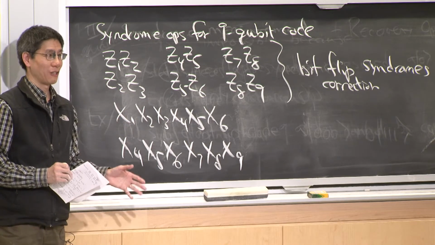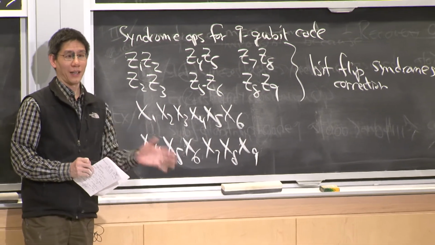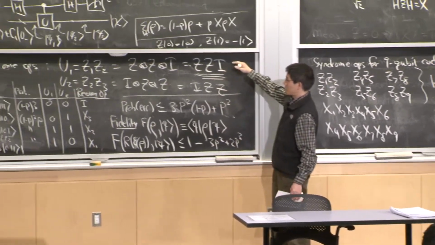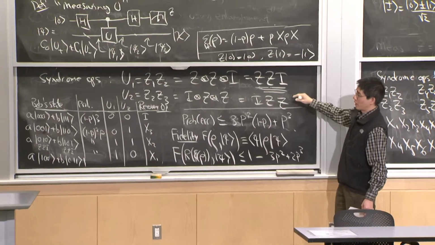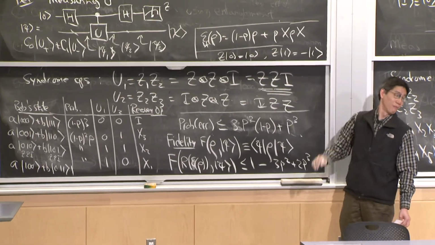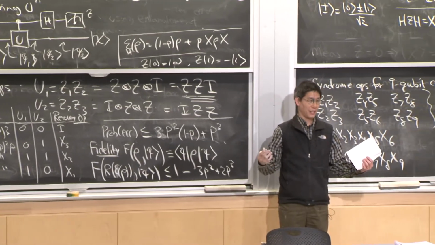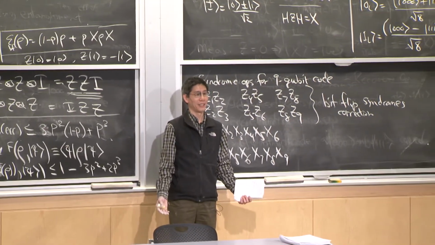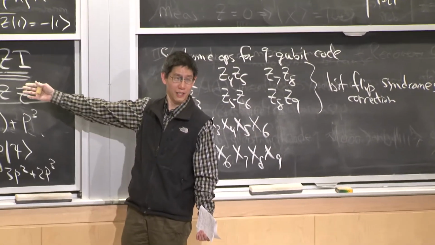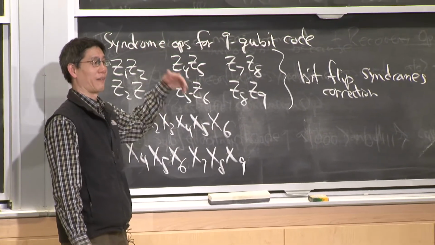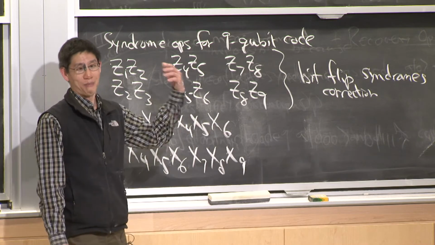It encodes 1 qubit. And this is not an accident that there always seems to be one fewer syndrome operator than the number of qubits that are used to do the encoding. So we had a 3-qubit code here. We have 2 syndrome operators. We have a 9-qubit code here. We have 8 syndrome operators. And there's a pattern to this.